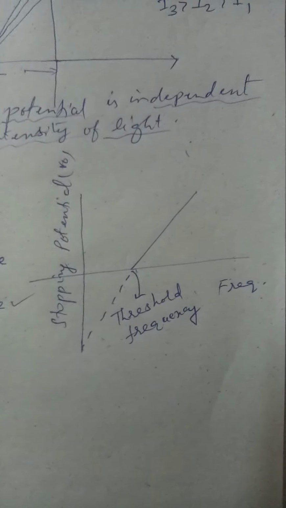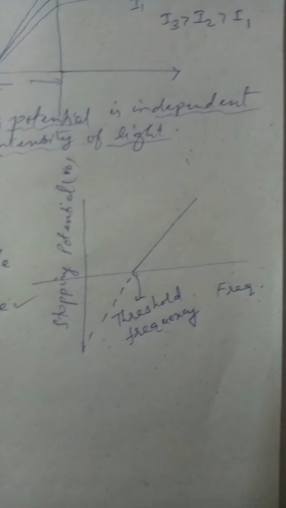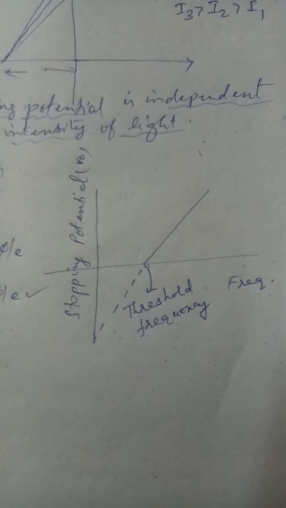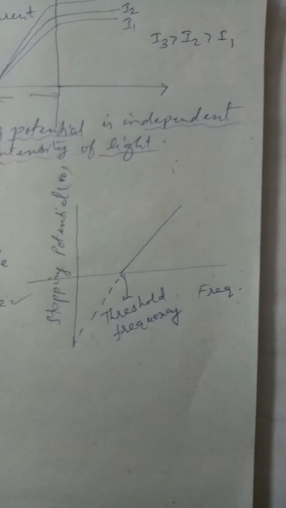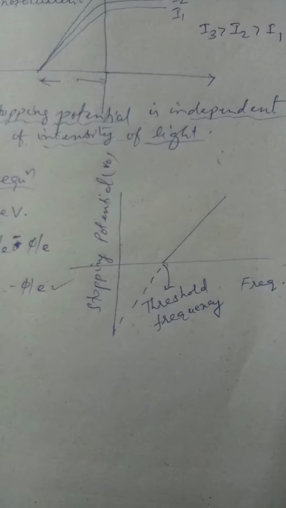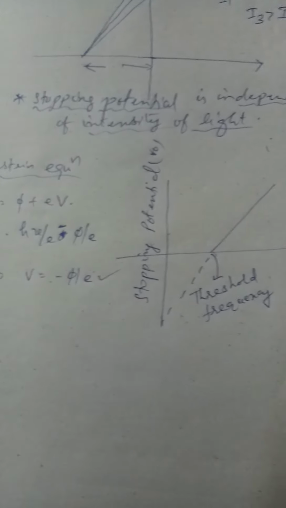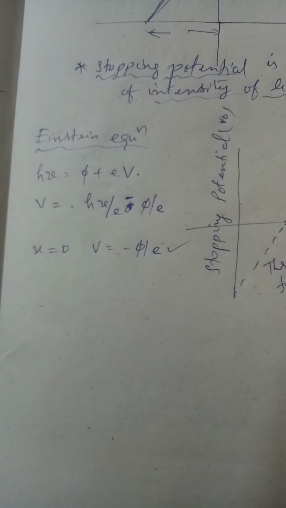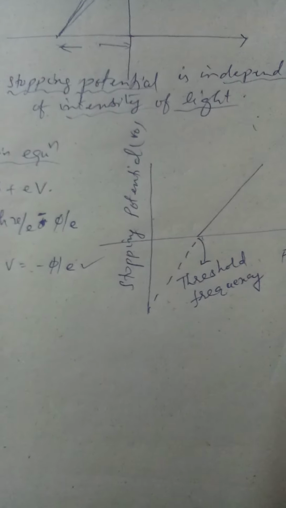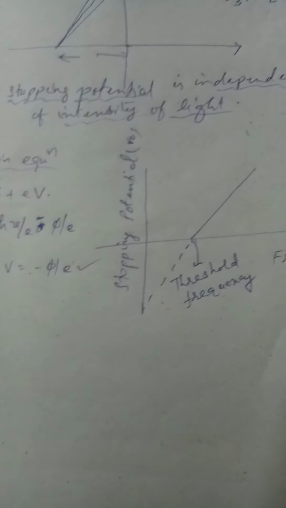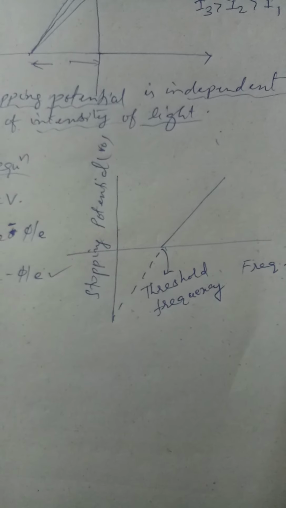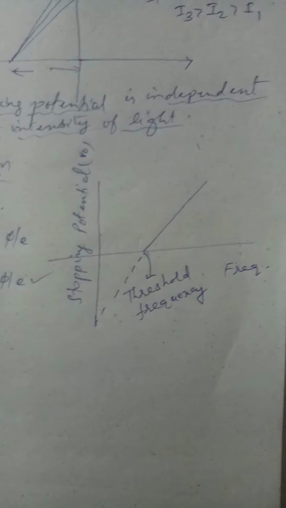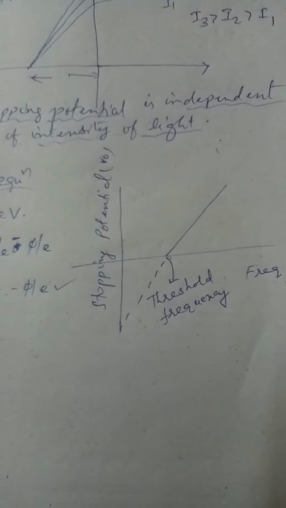So that value which it is going to hit on the x-axis, that is called threshold frequency. So often if you want to find the threshold frequency of a charged conductor, this method is adopted. You will use different energies and you will work out this graph, and wherever the graph crosses the x-axis, that value is your threshold frequency.